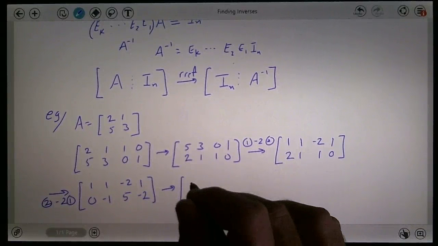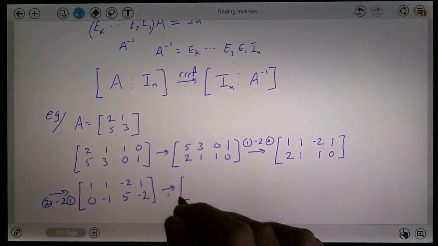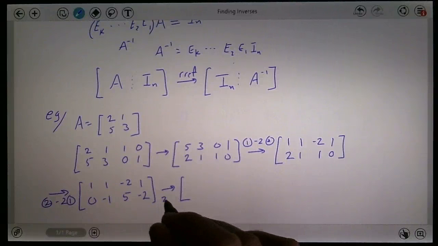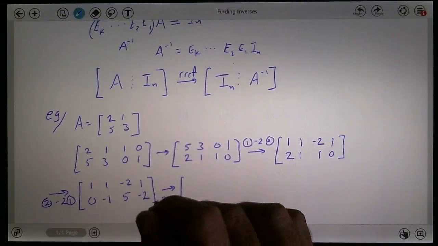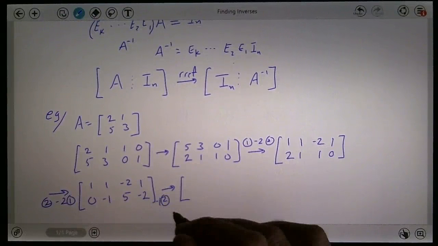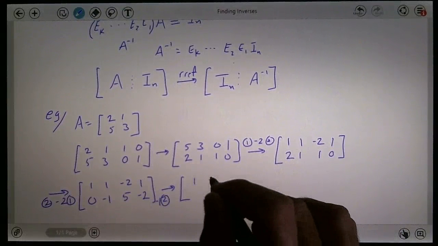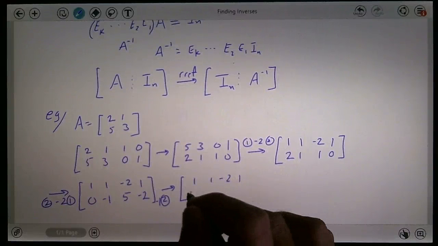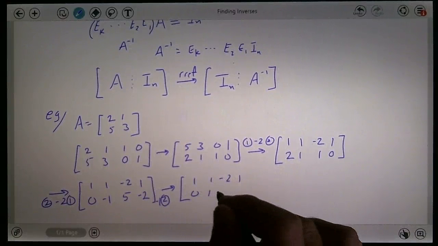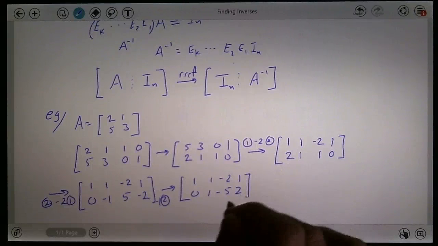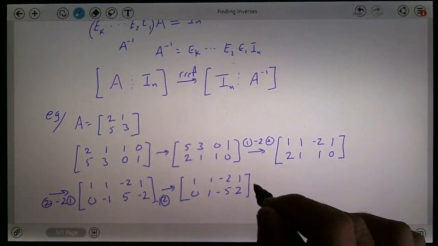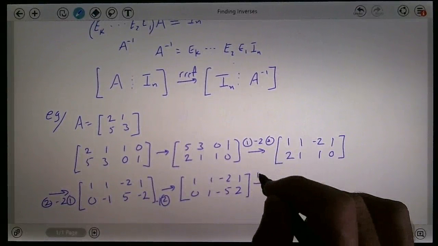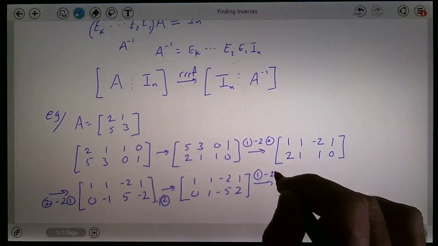Here we go. Next thing I'm going to do is multiply the bottom row by negative 1. So negative 1 times row 2. So 1, 1, negative 2, 1. Hopefully I can get this right. 0, 1, negative 5, 2. And then I'm going to get a 0 right here, so I'm going to replace row 1 by row 1 minus row 2.